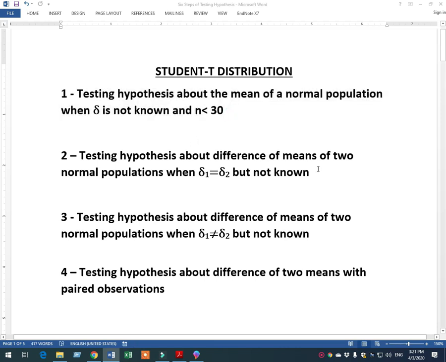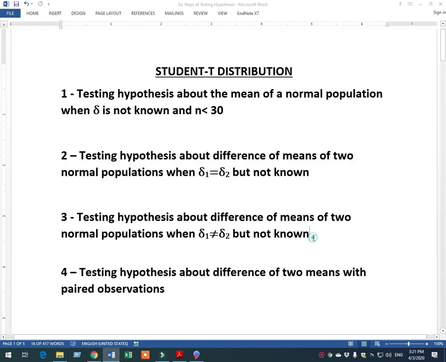The second case would be testing hypothesis about the difference of the means of two normal populations, but the two normal populations would have the same standard deviation or variance, though they are not known, obviously.